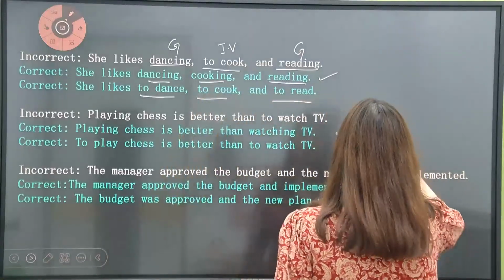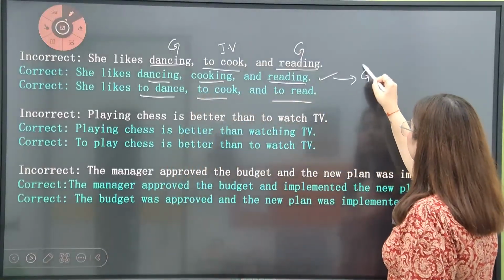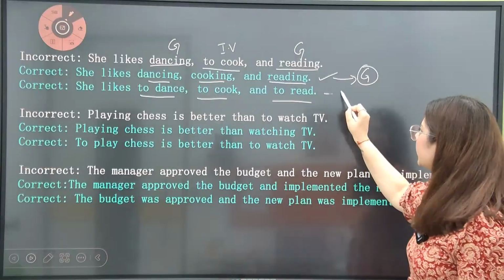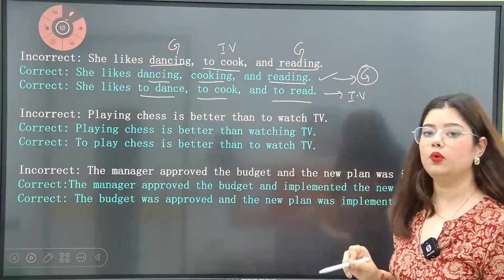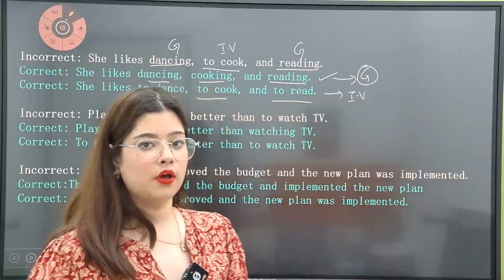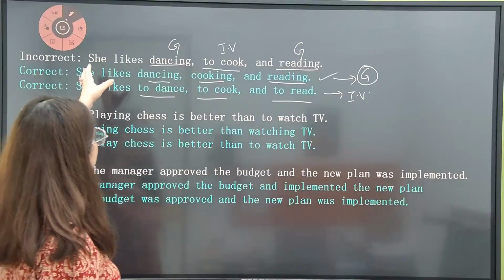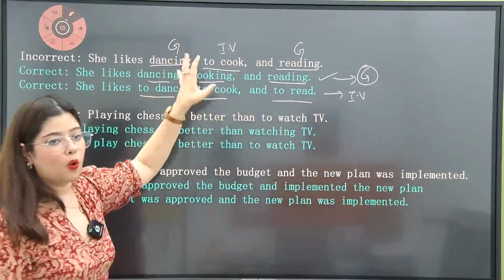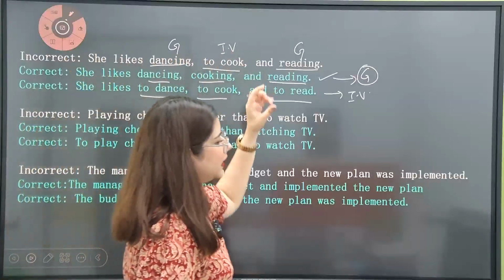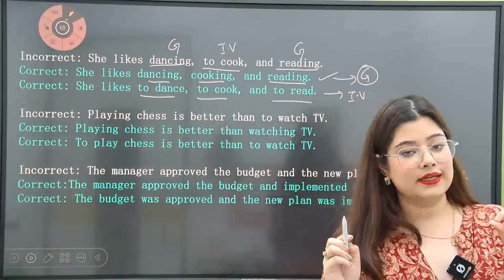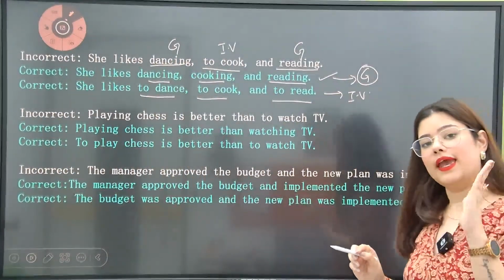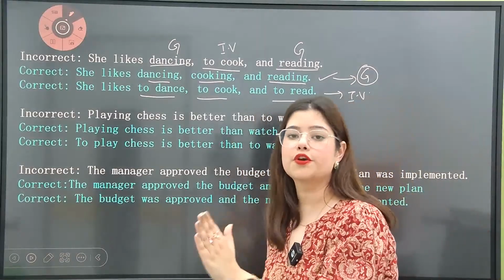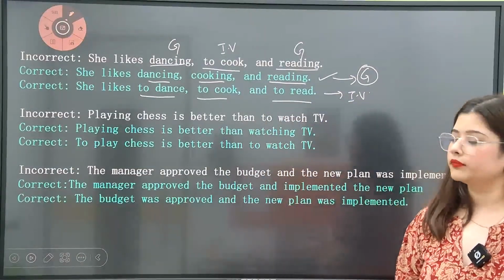Here I've changed all into gerunds and here into the infinitive form of the verb. So I would not say she likes to dance, cooking, and to read or any other form. No. All the parts of the sentence should be in the exact same grammatical structure.